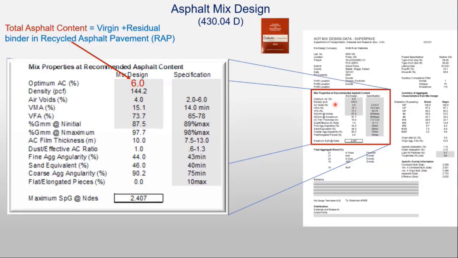This particular segment also talks about the total amount of asphalt cement in the mix, and this may include any residual binder that comes from the RAB, or the recycled asphalt binder. The rest of this basically shows that it meets all the specifications.